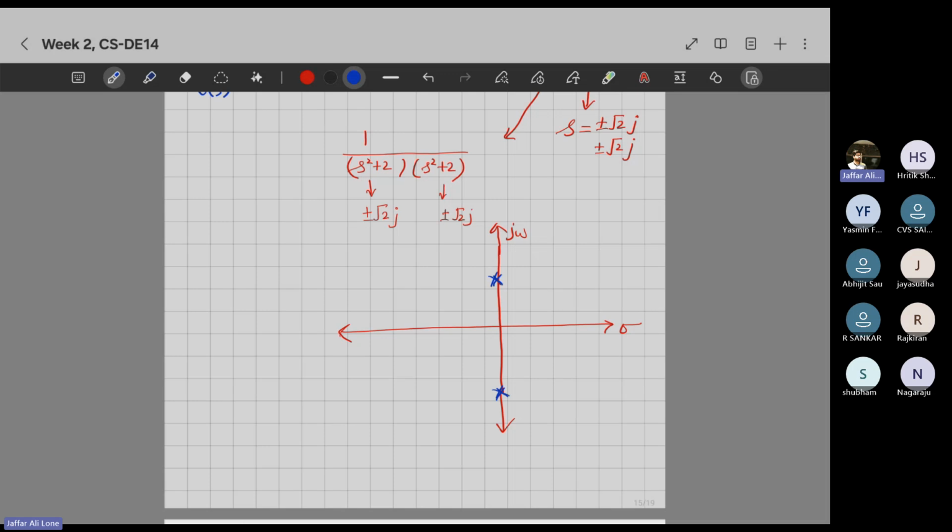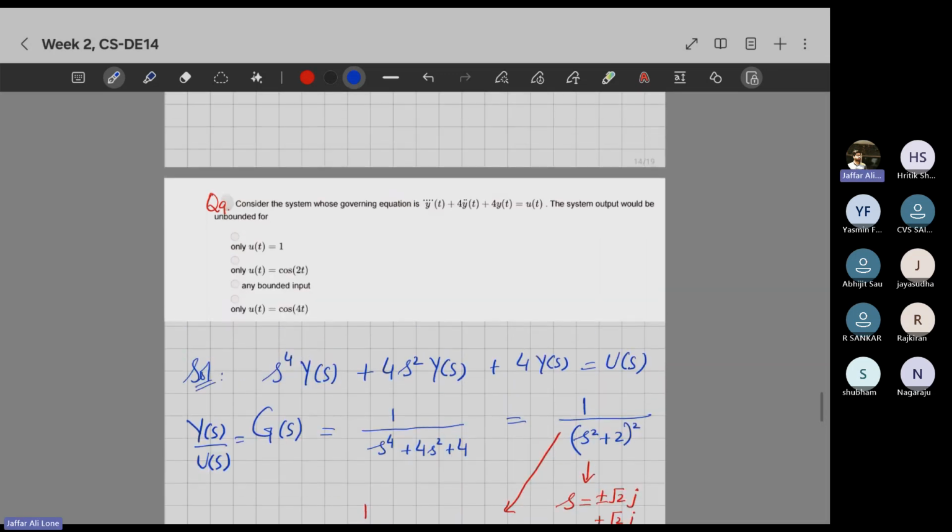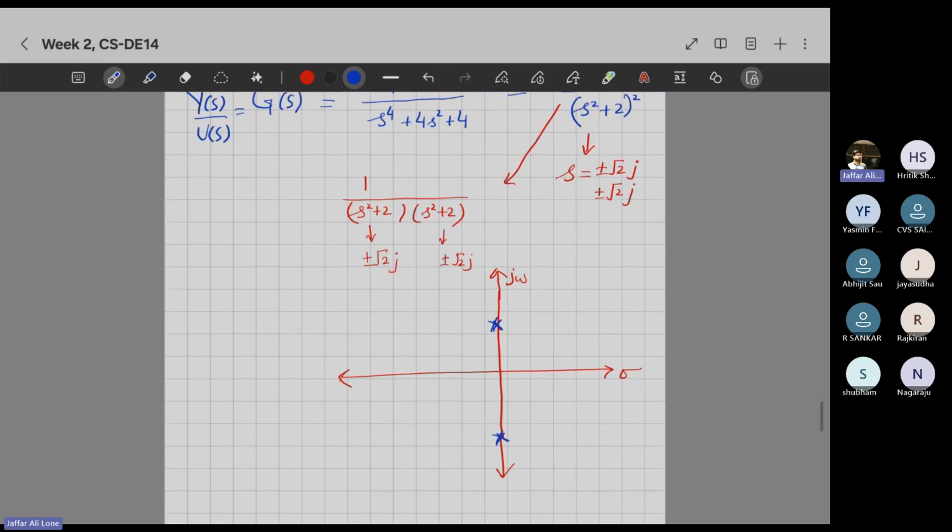Now tell me, by looking at the options, what will be the correct option? Anyone? See, you have already repeated poles. You already have repeated poles on the imaginary axis.